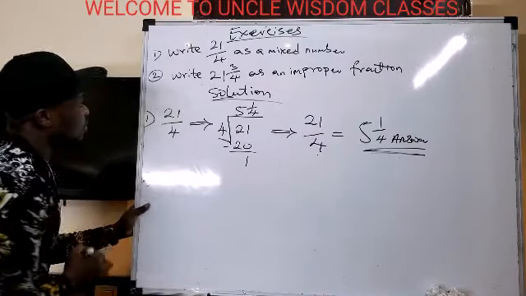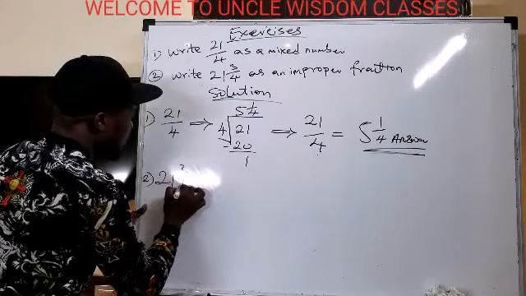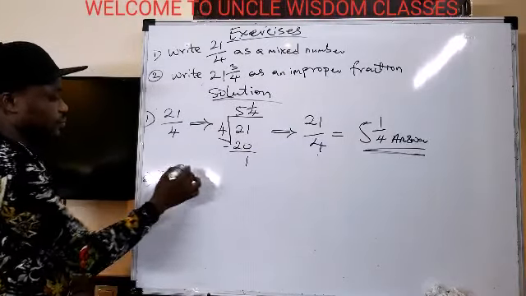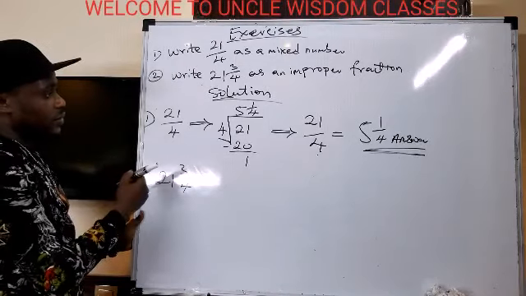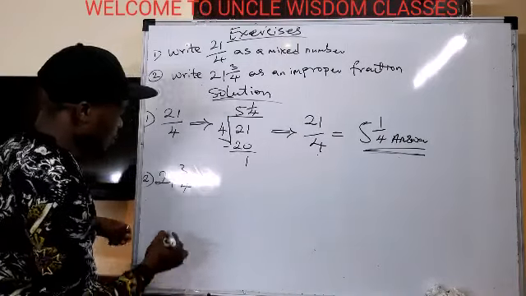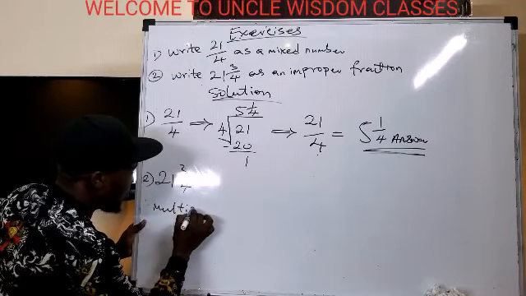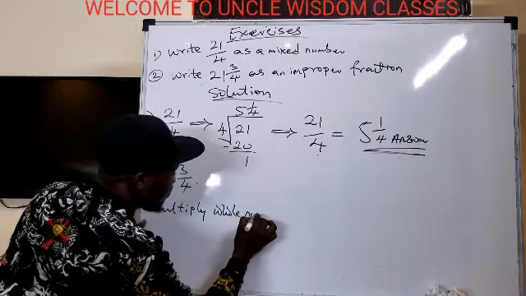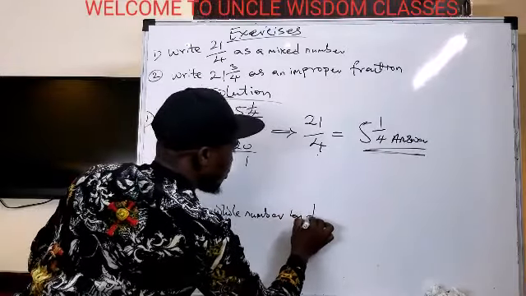The second one said write 21 whole number 3/4 as an improper fraction. So remember that for you to convert a mixed number to an improper fraction, you multiply the whole number by the denominator.